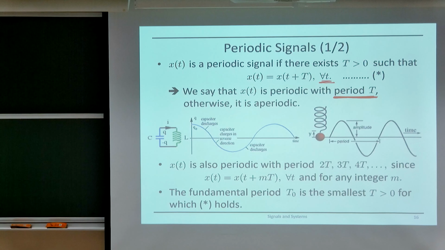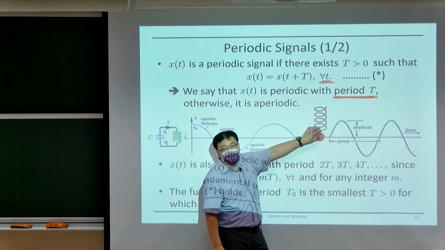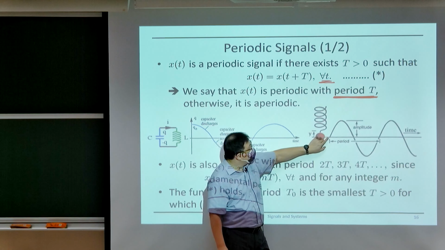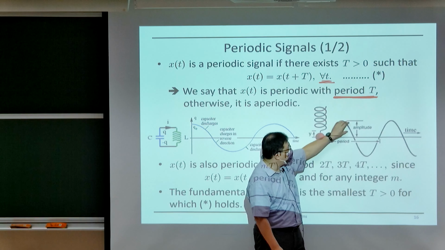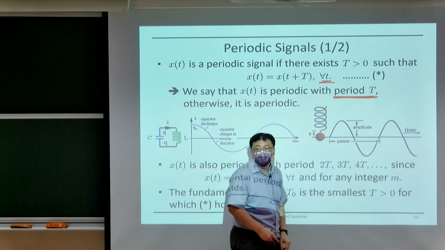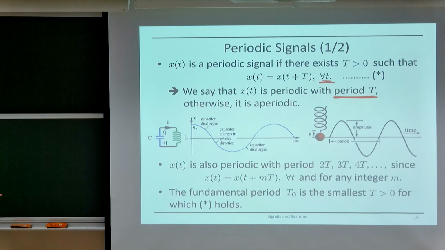Or if you're looking at the location of a ball on a spring, then if you view the signal as the location of this ball as time evolves, you will also see a periodic signal, assuming there's no friction causing it to slow down.